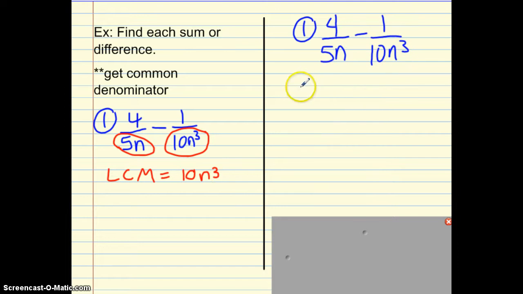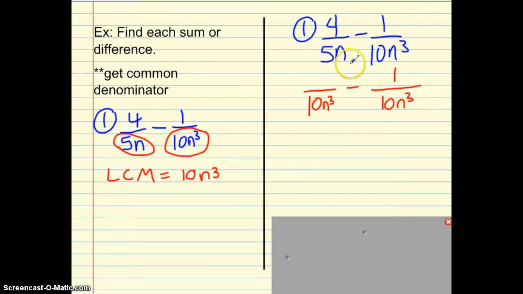So I will come over here, and I know that my new denominator's got to be 10n to the third. And the nice thing for us is that this second piece is already 10n to the third, so I can just bring that down.